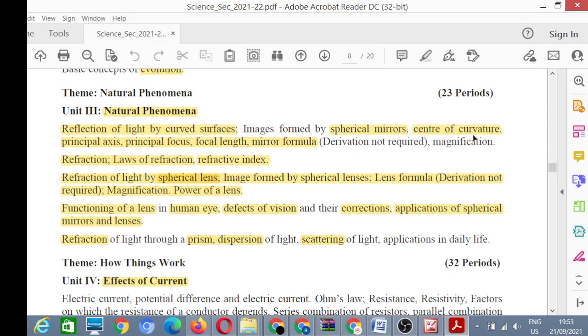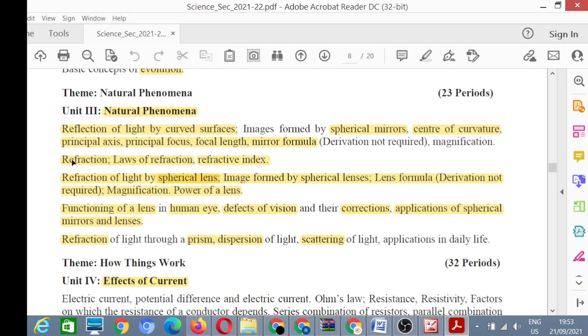These are terms related to spherical mirrors: center of curvature, principal axis, principal focus, focal length, then the mirror formula. Derivation is not required. Then magnification in mirrors.